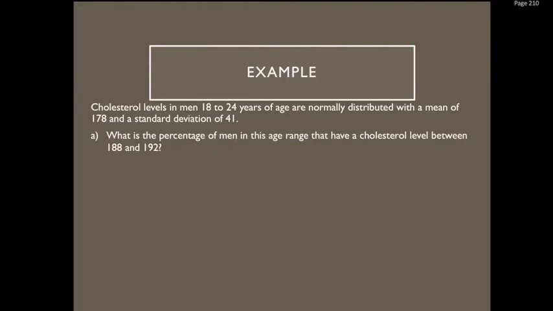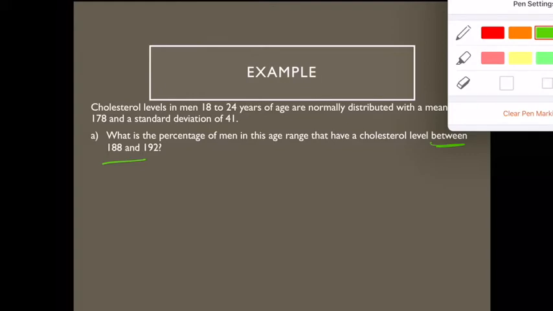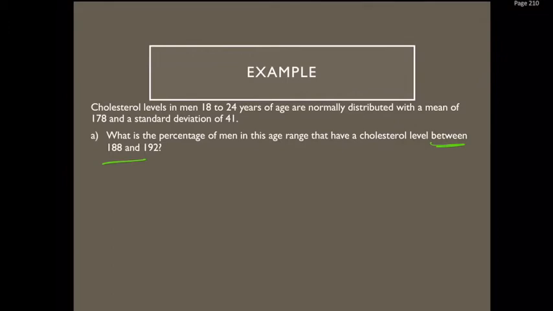Last but not least, I want to know what's the percentage of men in this age range that have a cholesterol level between 188 and 192. So let's sketch this out so we have an idea of what's going on. So I have my normal curve, my mean of 174, and I want to know what percentage have a cholesterol level between 188 and 192.